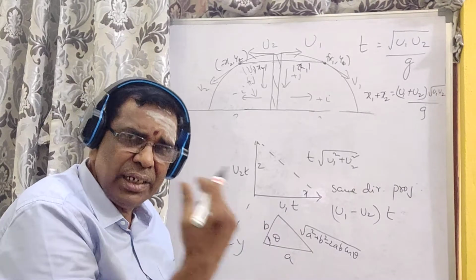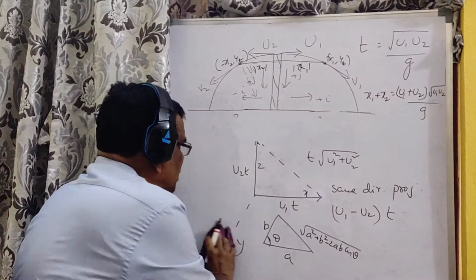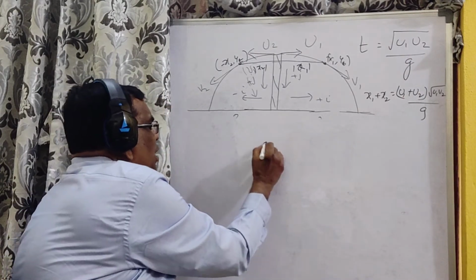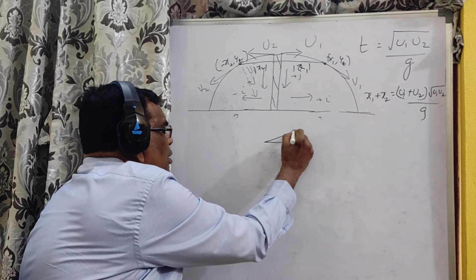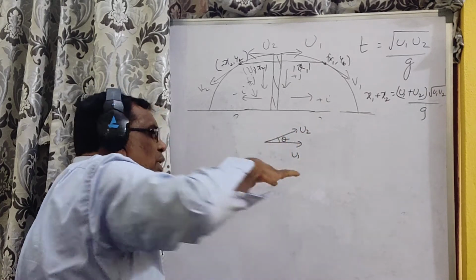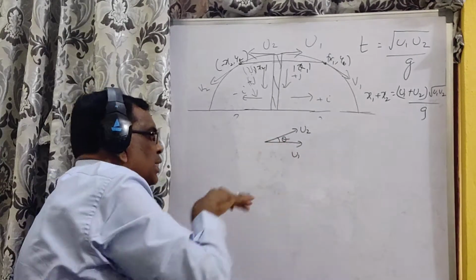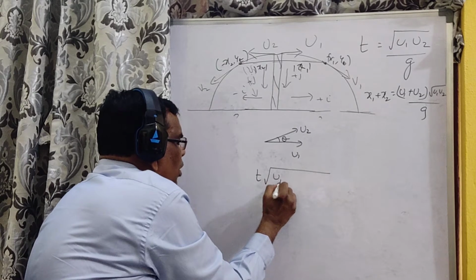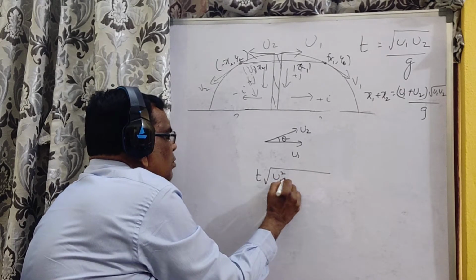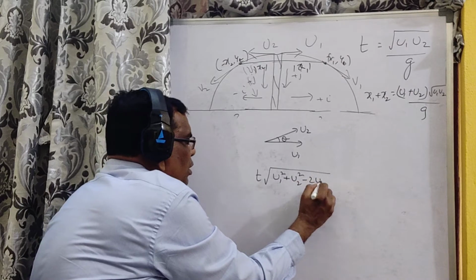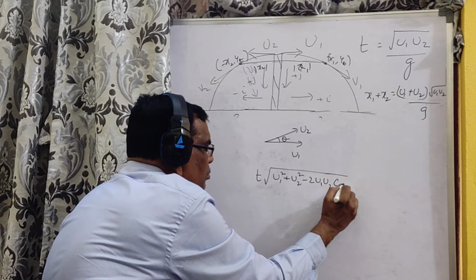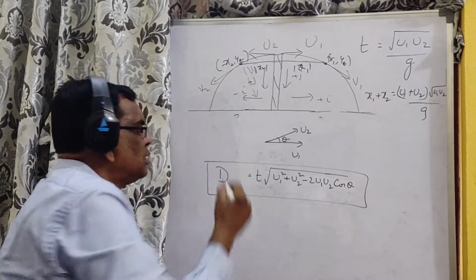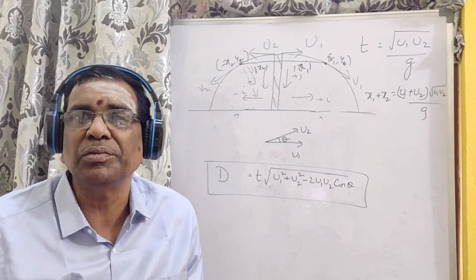Let that angle be a general angle theta, then the distance of separation after time t for u1, u2, remember in the same plane they are projected likewise, is t into under root of u1 square plus u2 square minus 2 u1 u2 cos theta. This is the generalized distance of separation between the two.